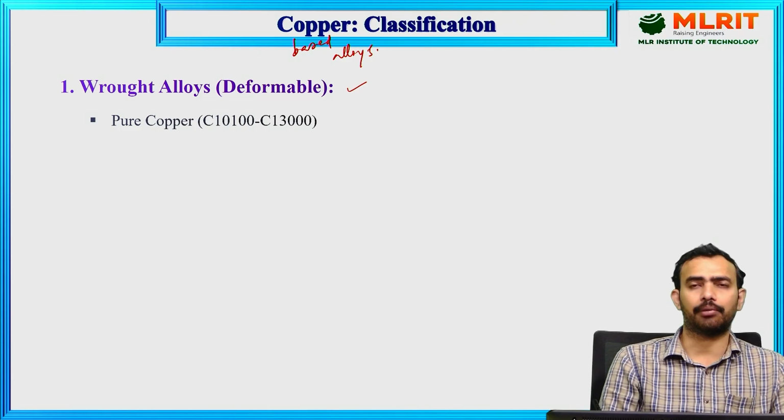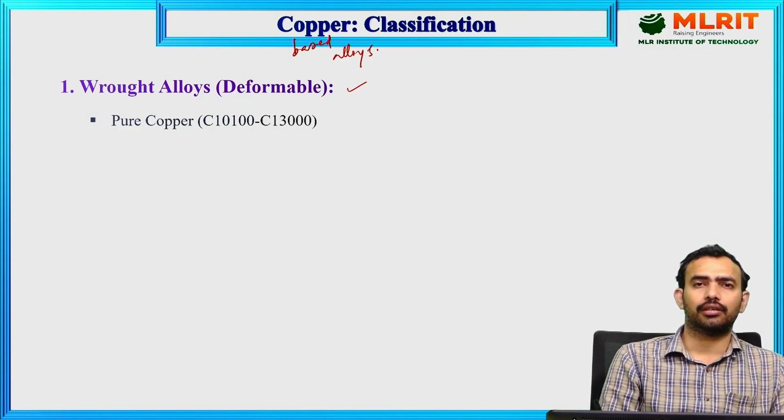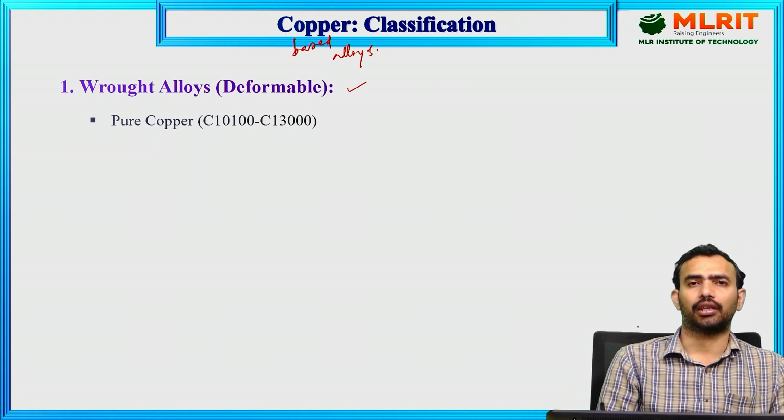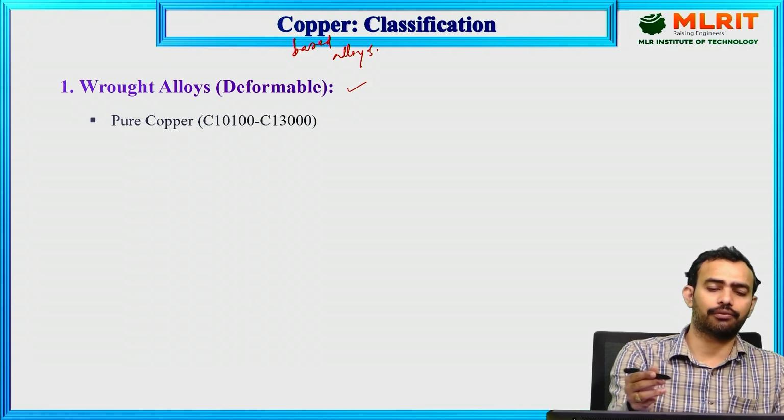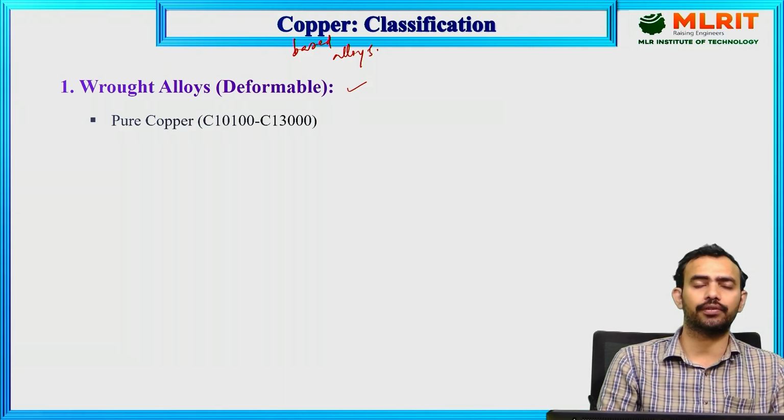That is our primary agenda. Properties such as strength, hardness, conductivity, and others, so we are trying to improve the properties. So for copper-based alloys we have two categories. First is wrought alloys, and then we have cast alloys.